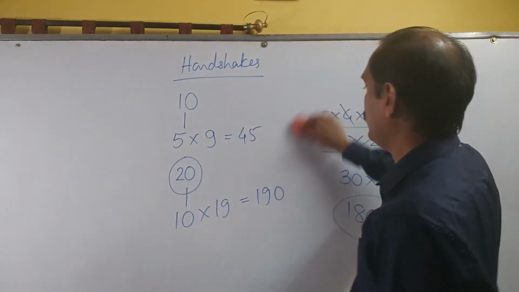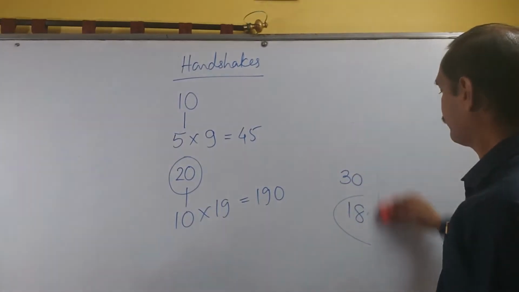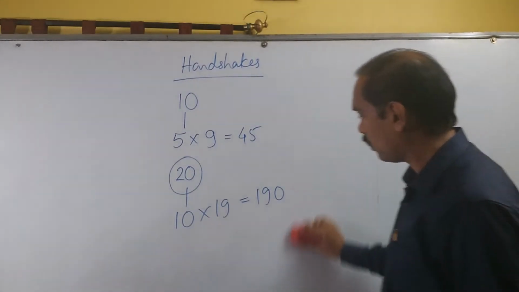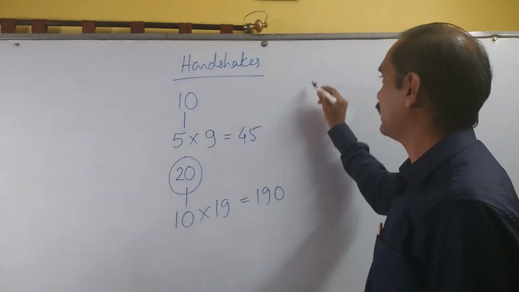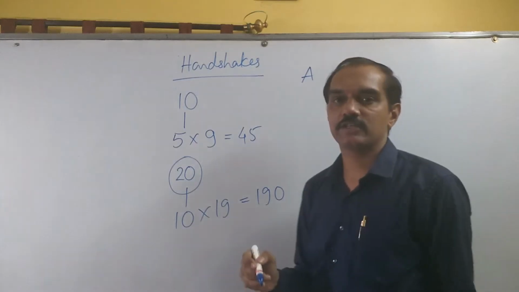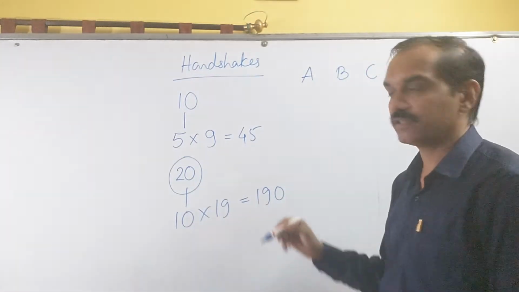Now your doubt may be, what if we come across an odd number of persons? Assuming there are 3 persons A, B and C. How many handshakes can you expect here? Let us do it practically first.